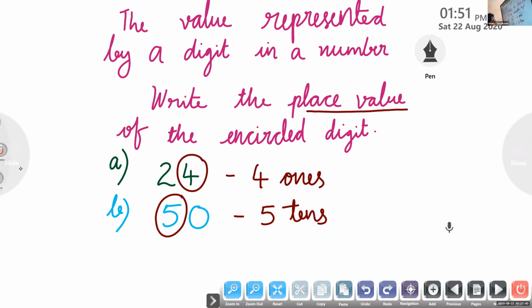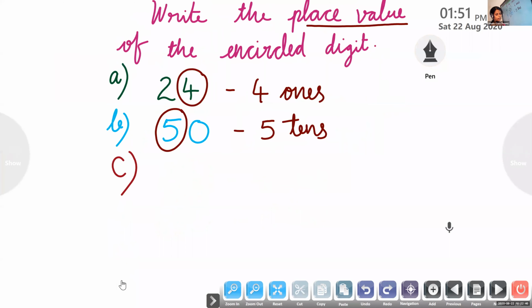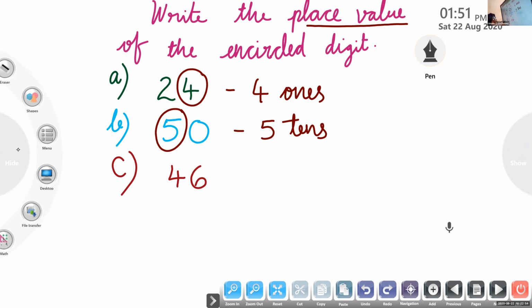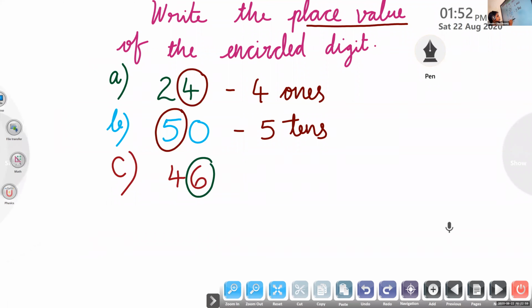Then we have the C. And the number is 46. The encircled digit is 6. Srutakirti, what is the answer? 46. The 6 is inside the circle.